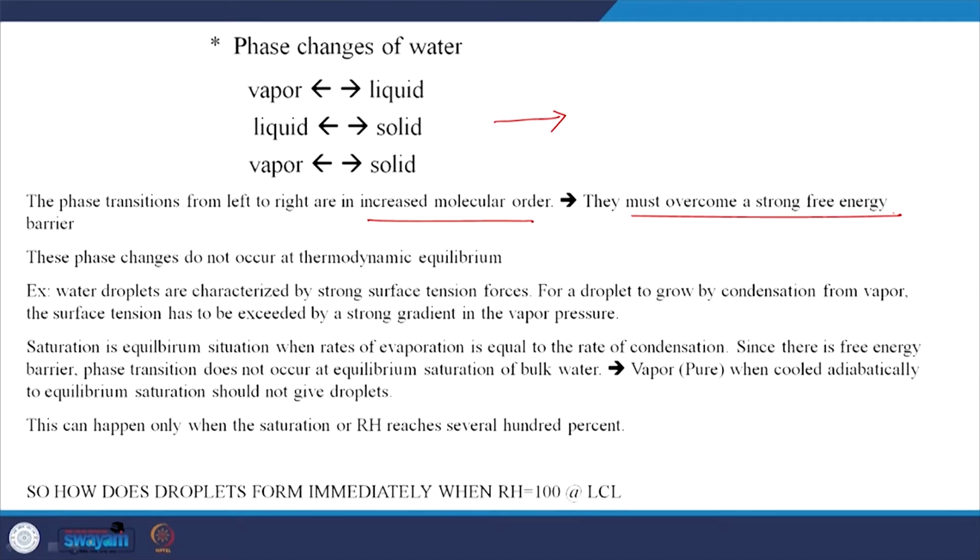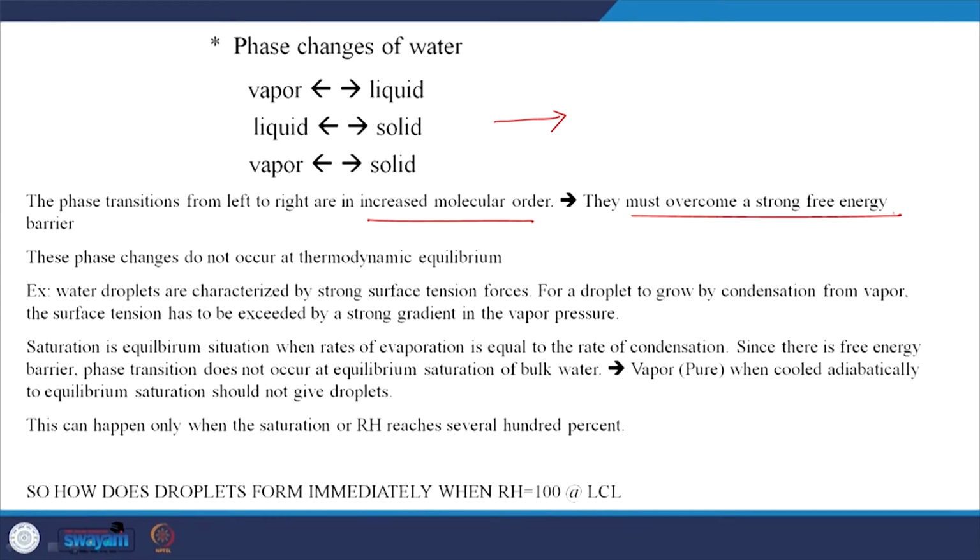But we have seen how droplets form immediately when the relative humidity reaches just 100% at the lifting condensation level, right. So, the point is, if you have the purest phase, that means no impurities, in that phase you will not encounter droplet formation even if the relative humidity is 100%.